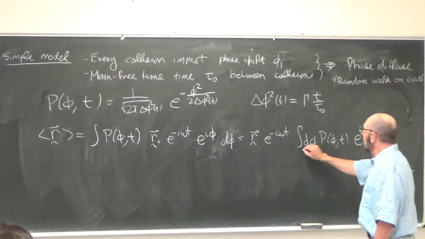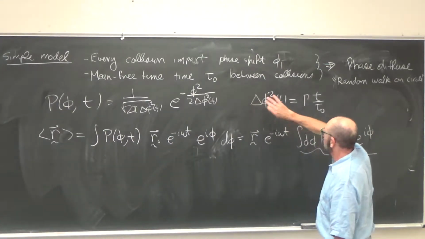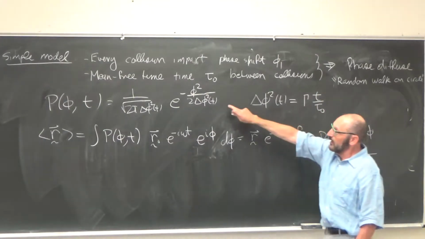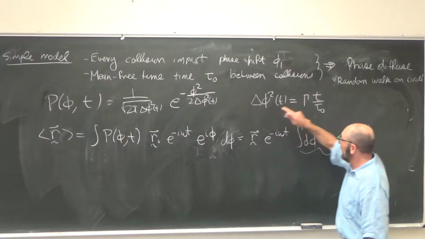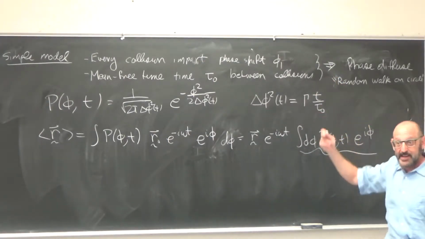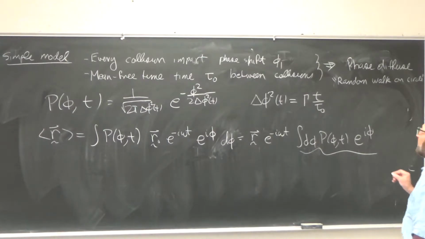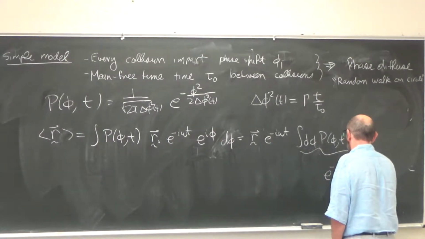And when you do this integral, of course, what I'm going to get is the inverse, because you take the Fourier transform of this with respect to phi, the thing in the denominator goes into the numerator by the Fourier duality, and this becomes e to the minus gamma.